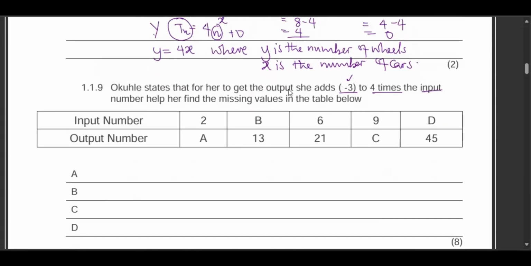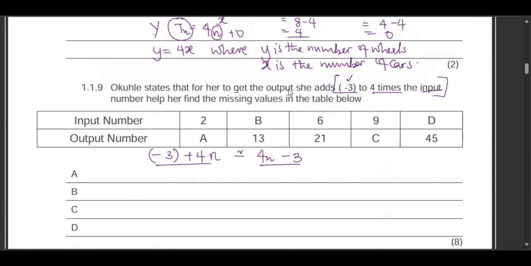First and foremost, get out the formula from the words that we see here. They are telling us it's -3 added onto 4 times the input. Let's call the input n. So in other words, this is the same as 4n minus 3.